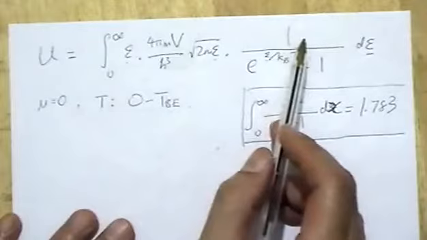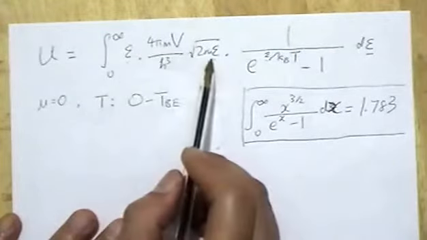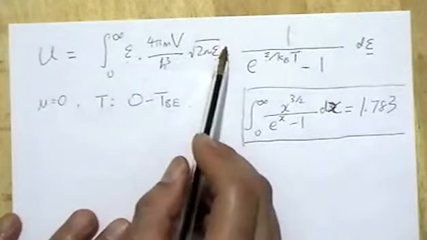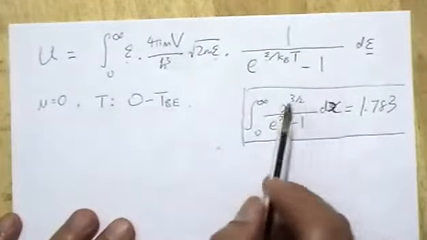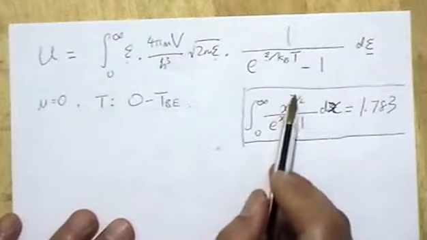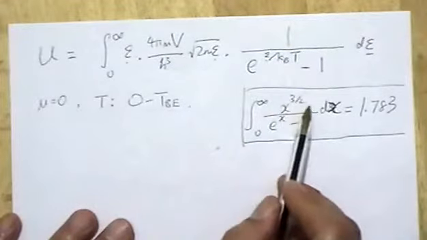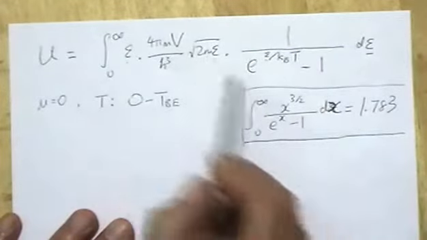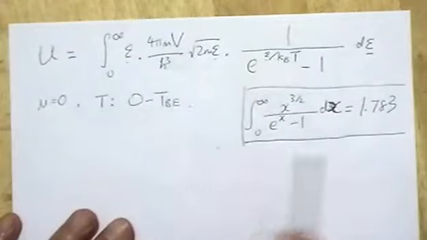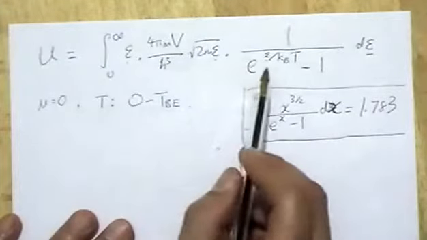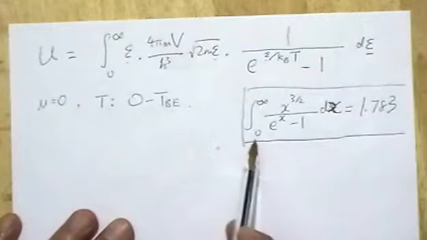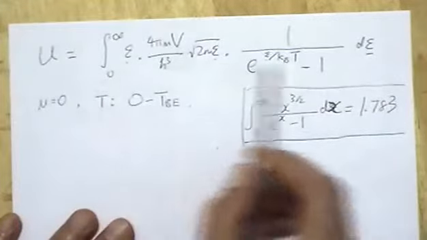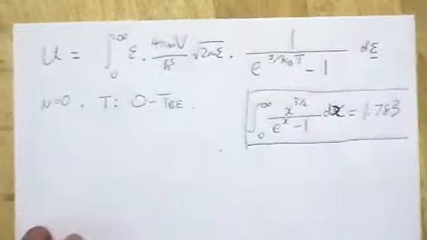And in the denominator we have E times E to the power of half. So that's E to the power of 3/2. And here in the formula we have x to the power of 3/2. Okay, so by making the right change in variables, we can make use of this formula and carry out this integration.